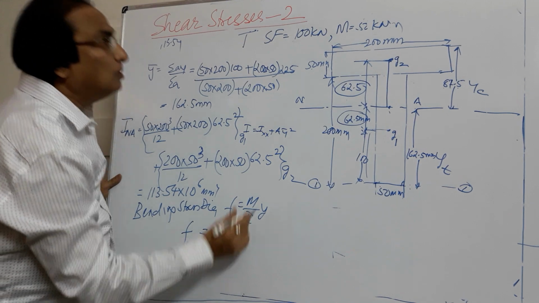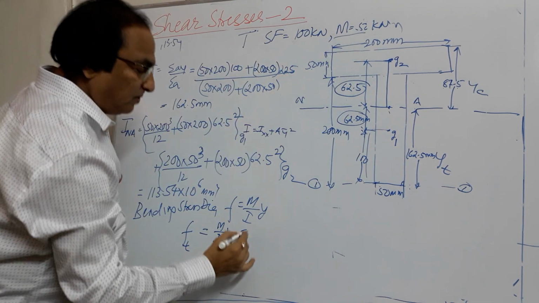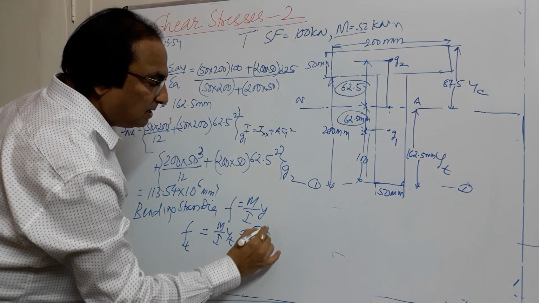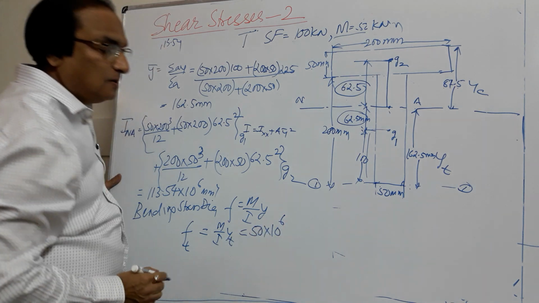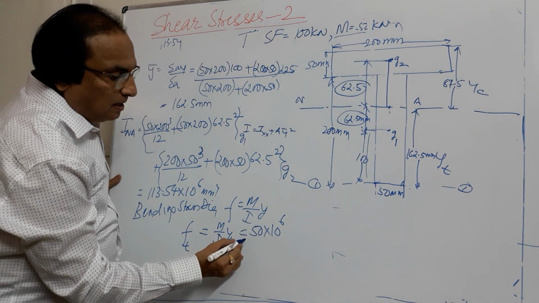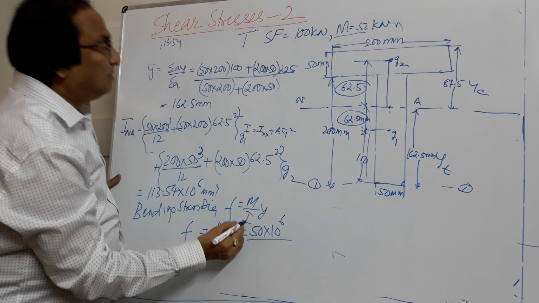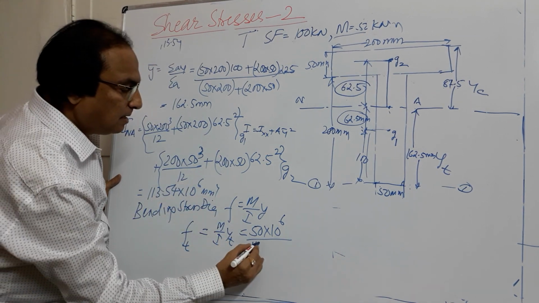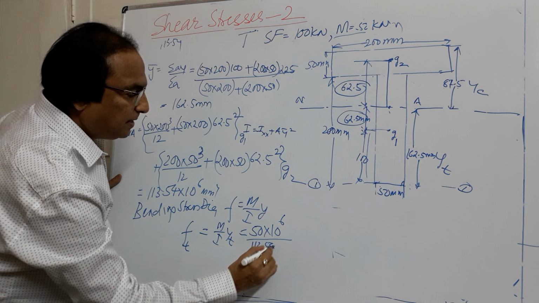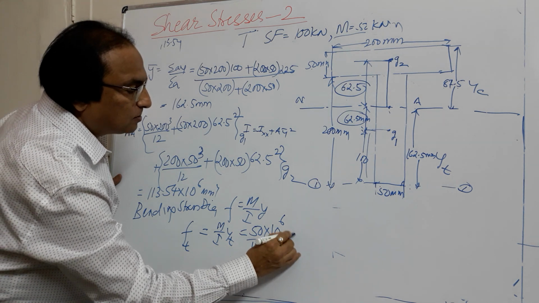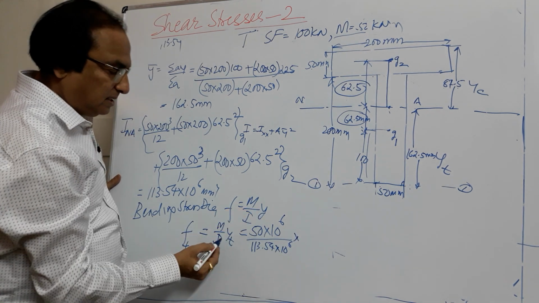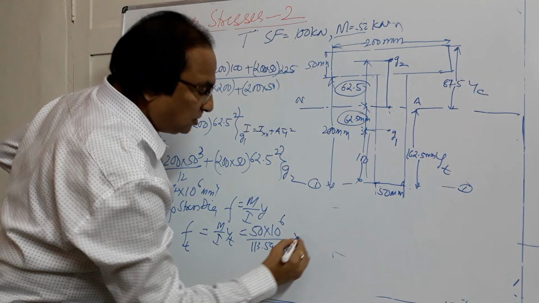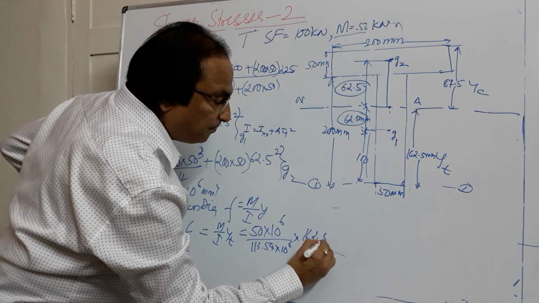The moment given in the problem is 50 kilonewton meter, multiplied by 10 raised to 6 to convert it into Newton mm, divided by I, which we have found as 113.54 into 10 to the power of 6, into YT, which is 162.5.